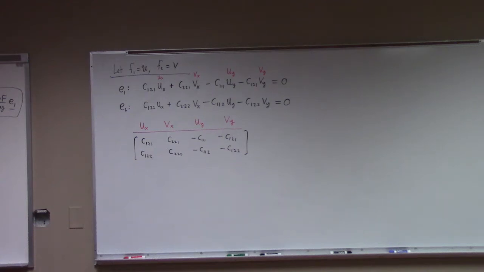Okay, this is where I start to lose it. I guess my question is, how can I be sure? What is the significance? What happens when I do row operations here?